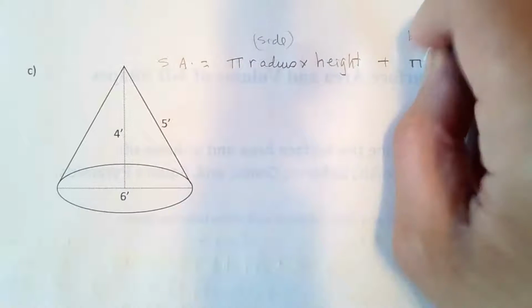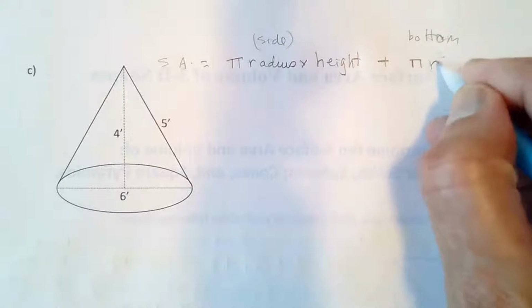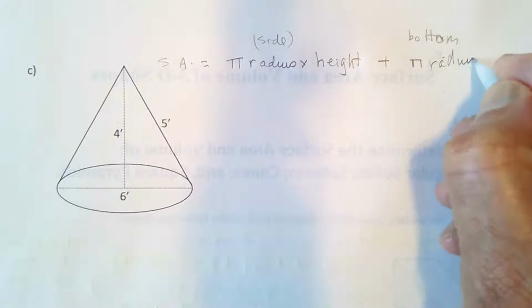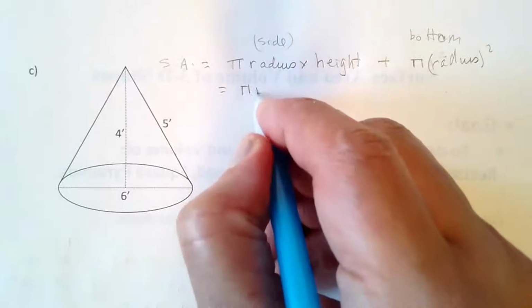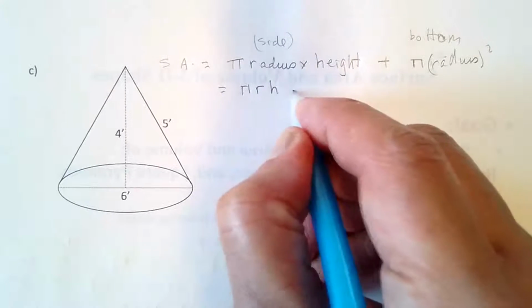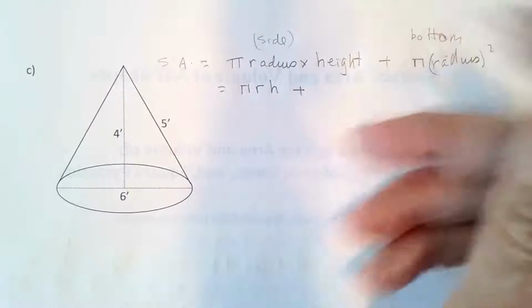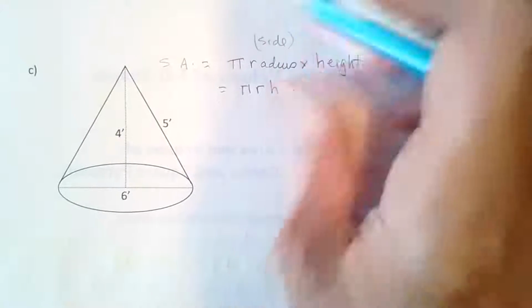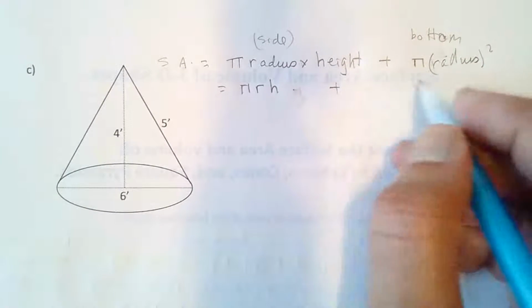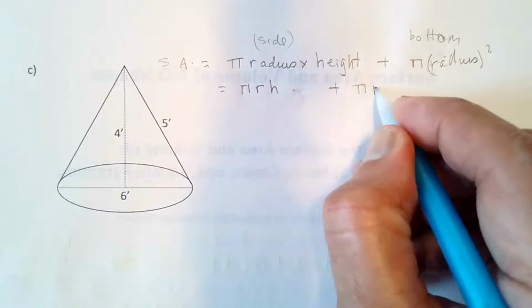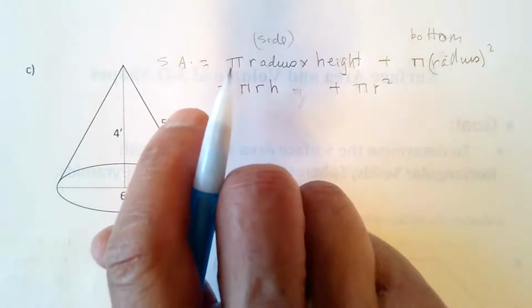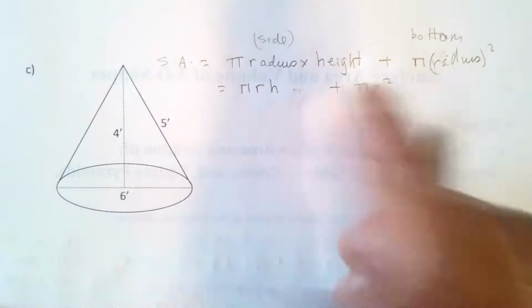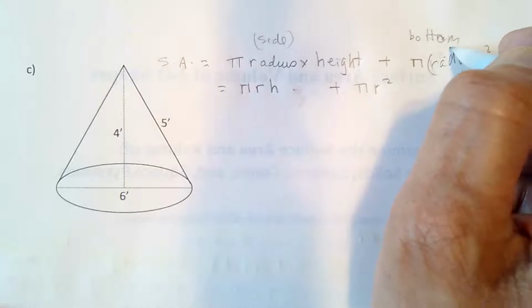So I'll write it out here. This means radius. To make it more compact, pi r times L plus pi r squared. So you have the side and the bottom.